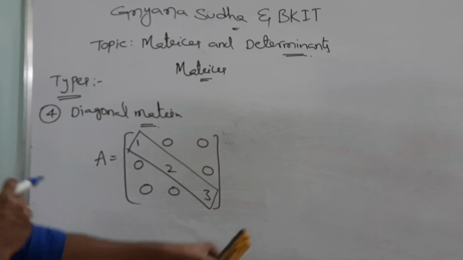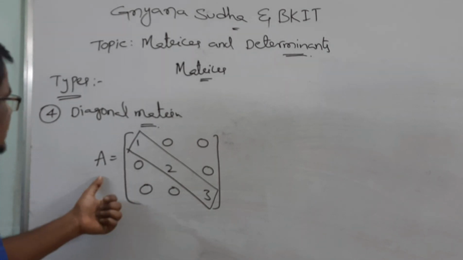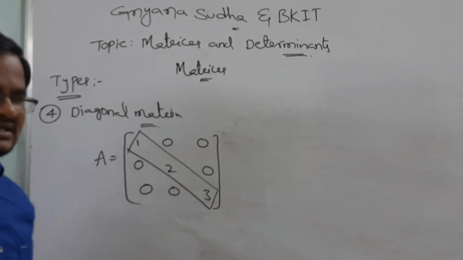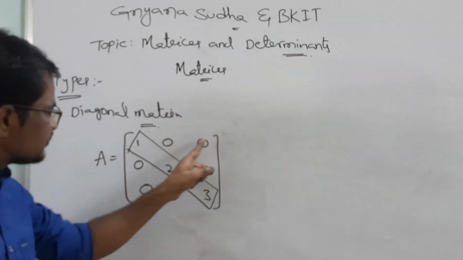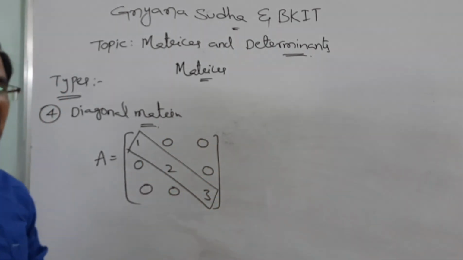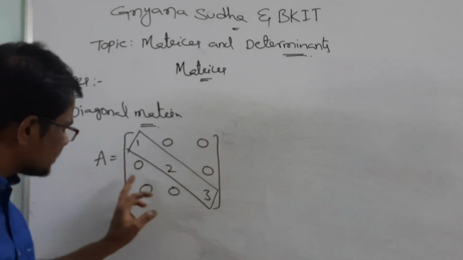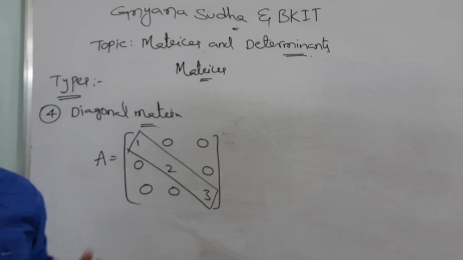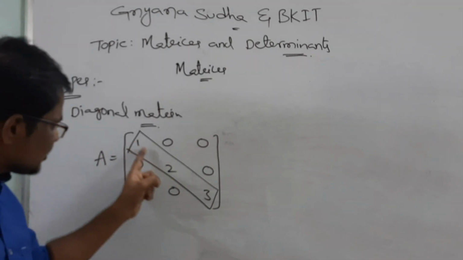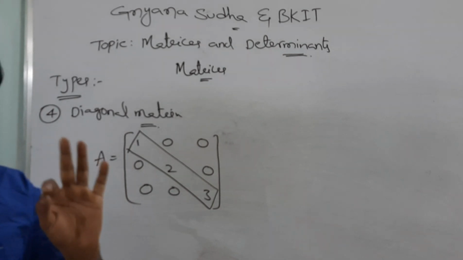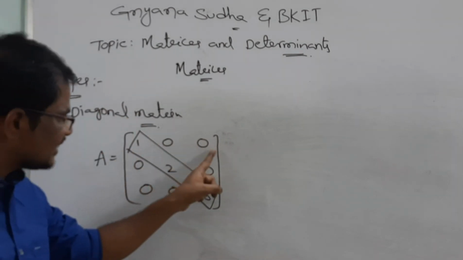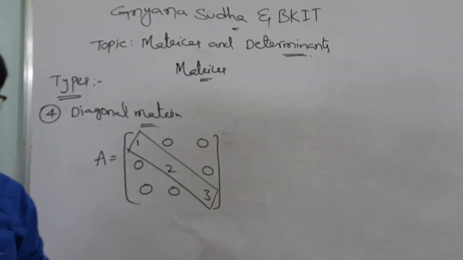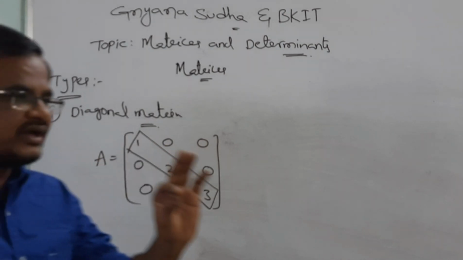So a square matrix A is said to be a diagonal matrix if all its non-diagonal elements are 0. We are not discussing the diagonal elements, just the non-diagonal elements. It should be a square matrix.